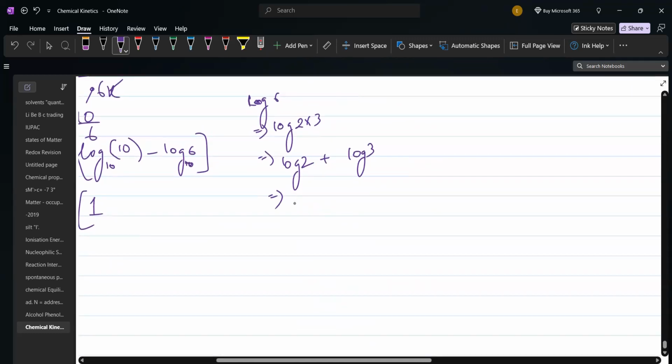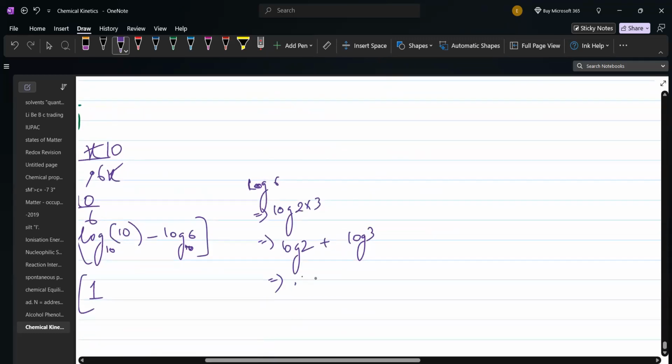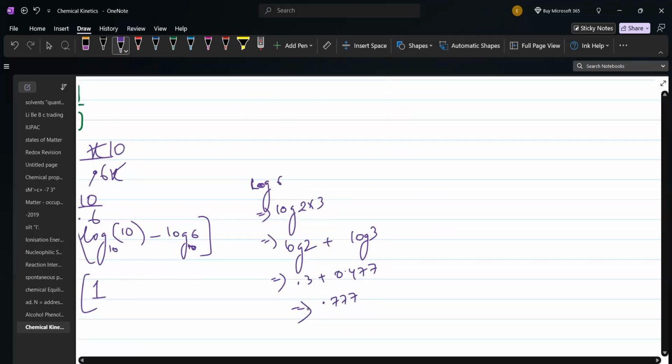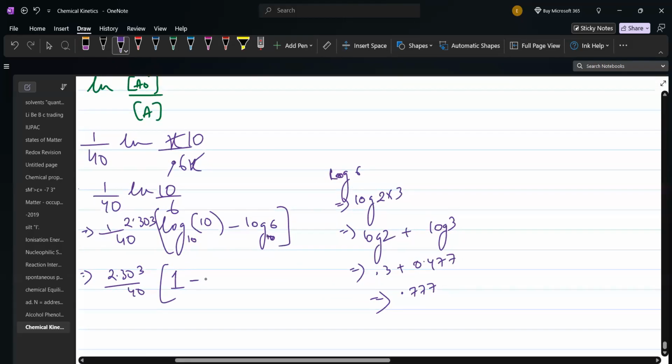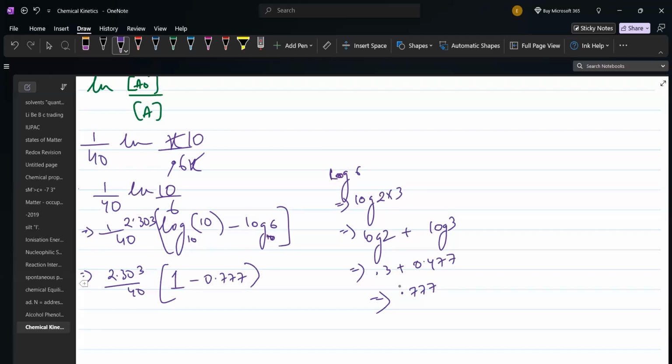Log of 2 is 0.3, log of 3 is 0.477, so this will be 0.777. Can you see the steps? Minus 0.777. Okay, yes or no?